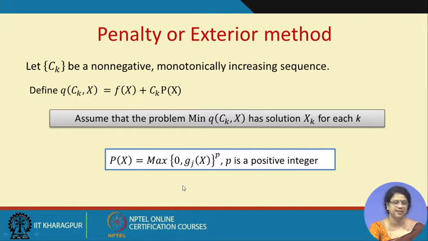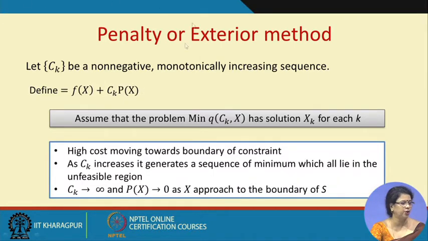This is the exterior penalty function method. Now, there are certain properties for this method. The first is that we have to incur a higher cost if we are far from the boundary of the constraint, because as we move towards the boundary the value of p(x) goes to 0.